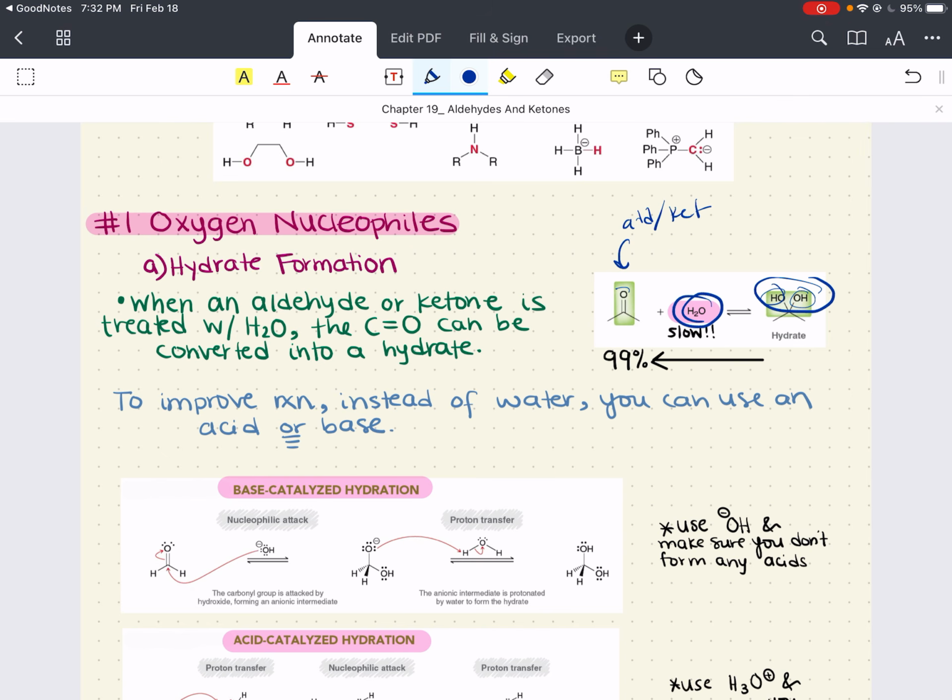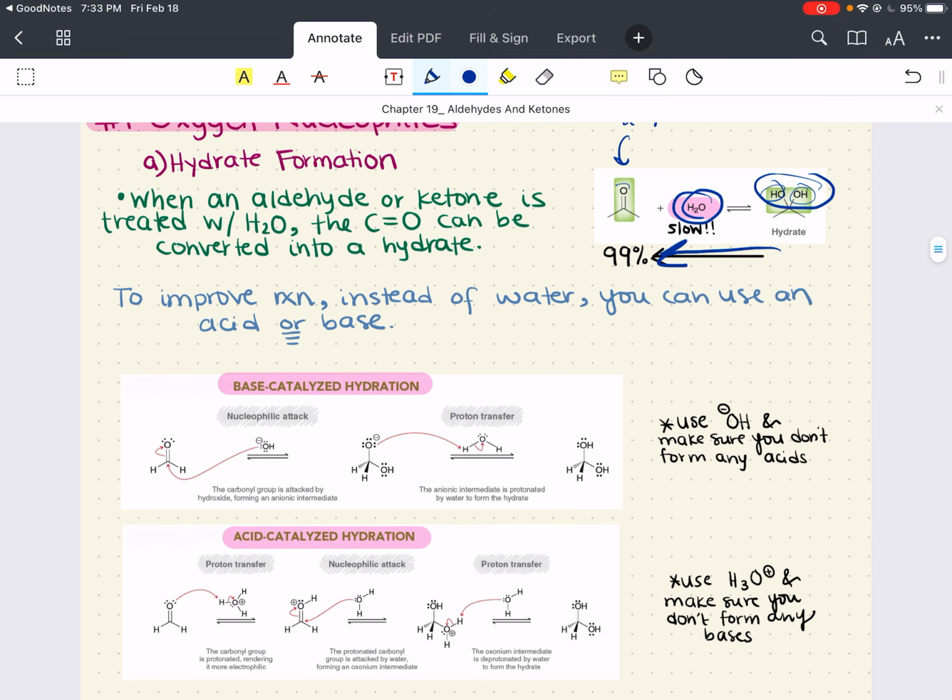Usually, the position of equilibrium is going to generally favor the carbonyl group instead of that hydrate. But we have our ways to enhance the forward reaction. We have ways to make a carbonyl sitting in water move forward and form this hydrate. And we can do this either through acid or base catalyzed reactions. And we're going to explore both ways.